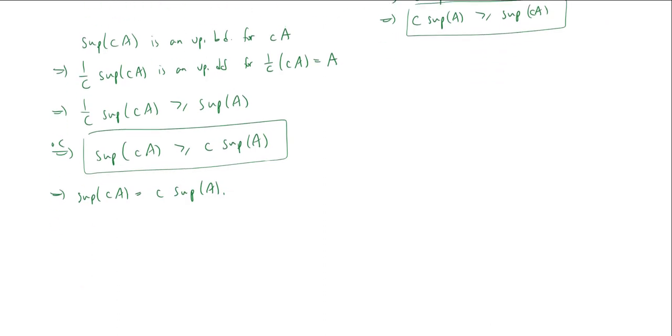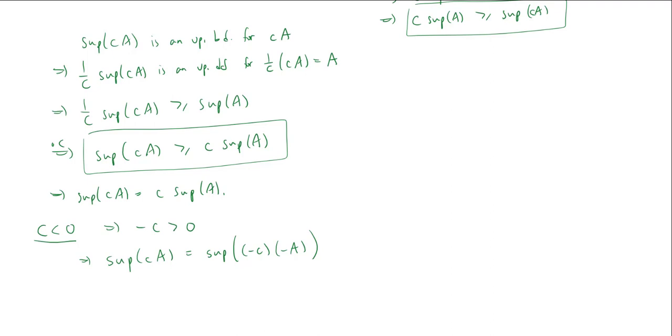Okay, well, we are going to use what we already know. So if C is negative, this implies that negative C is positive. So now, if I take the supremum of C times A, I can rewrite this as the supremum of negative C times negative A. Okay, so negative A, remember, I just take everything in A and multiply it by negative 1.